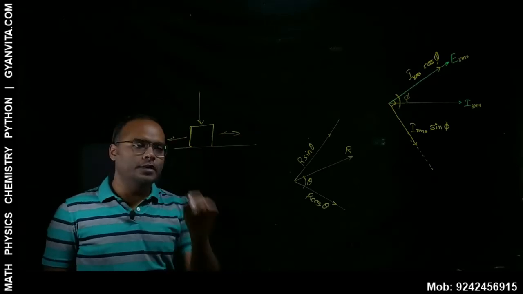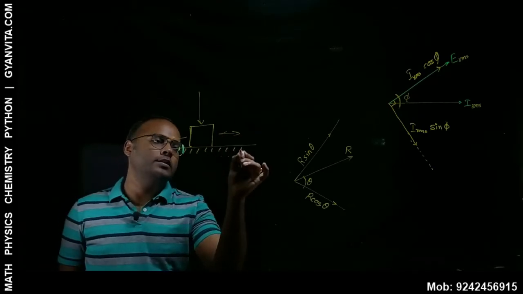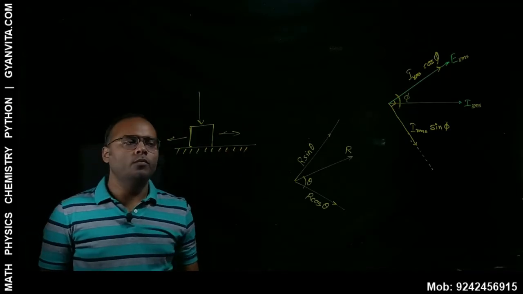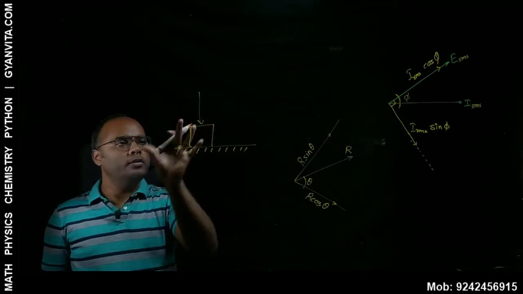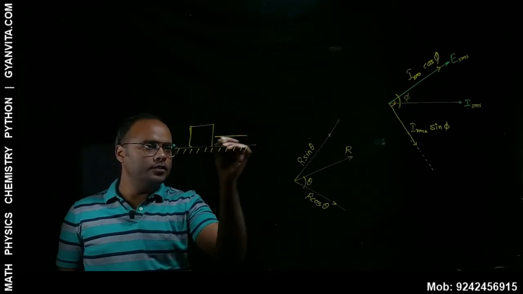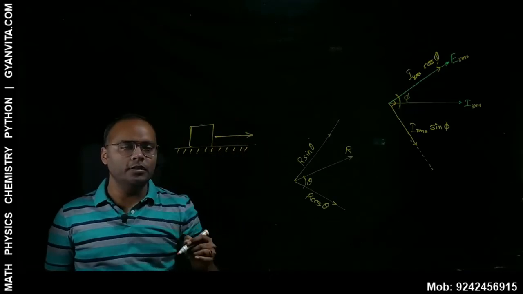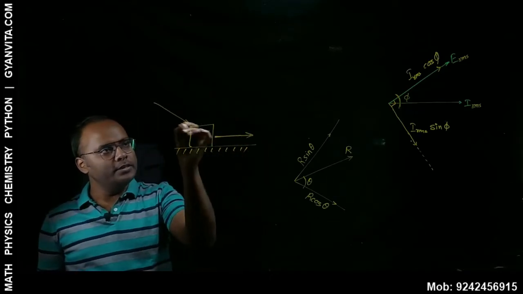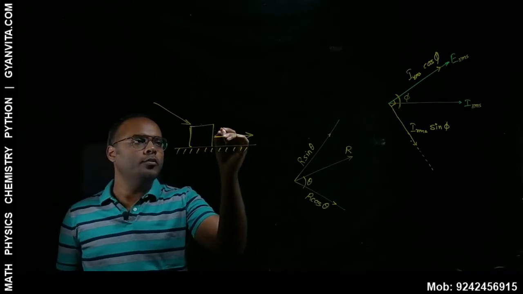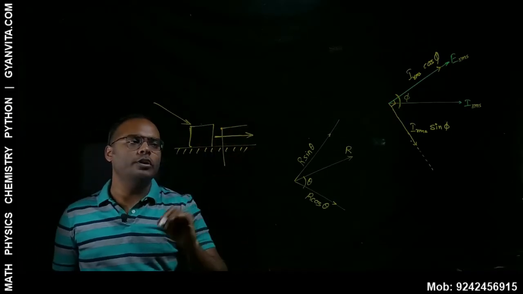If this is a fixed surface, then there won't be any movement, right? That is about perpendicular. So the scope of movement is along this direction. If there is a force, it will have two components, one along this direction and another along this direction.